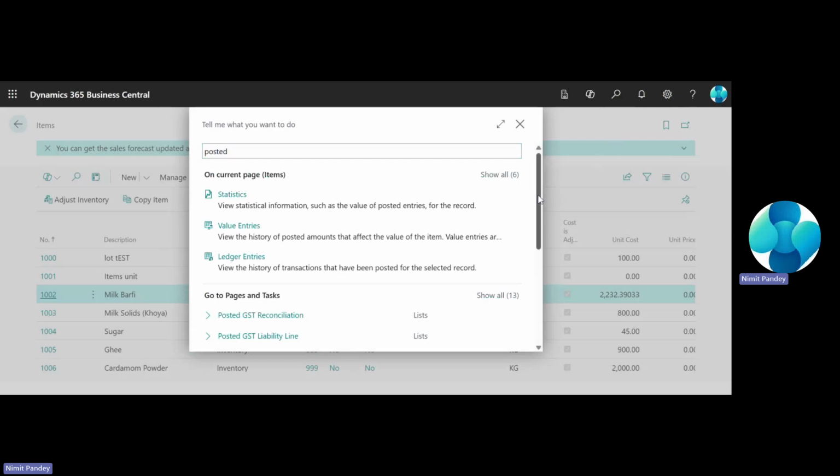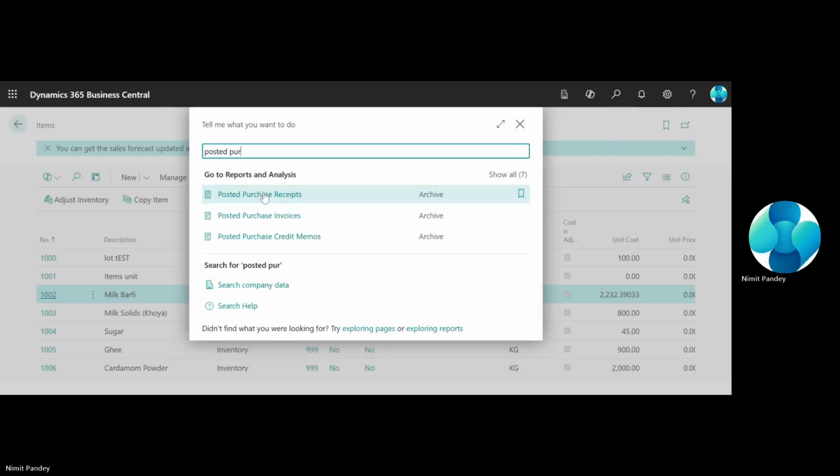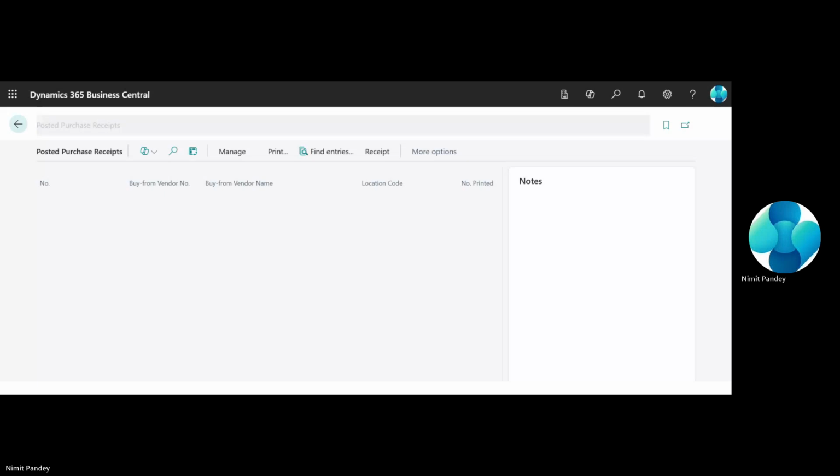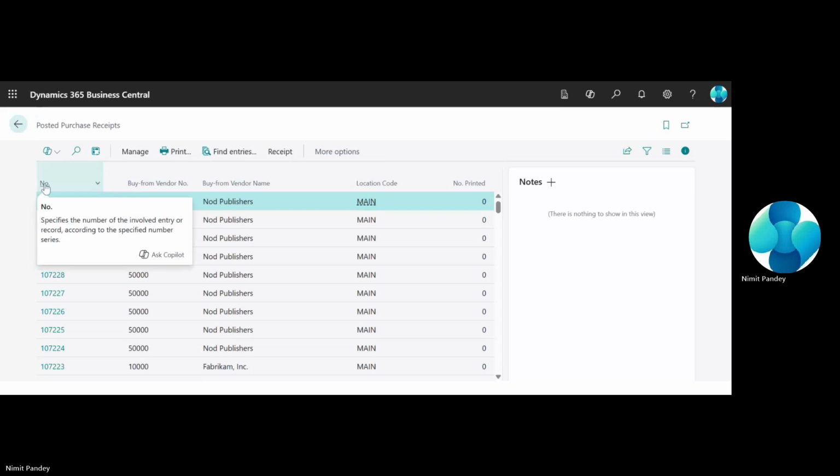So what happens when we post the receipt? We go to post purchase receipt. What happened?